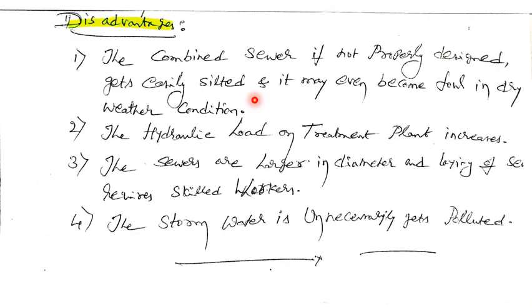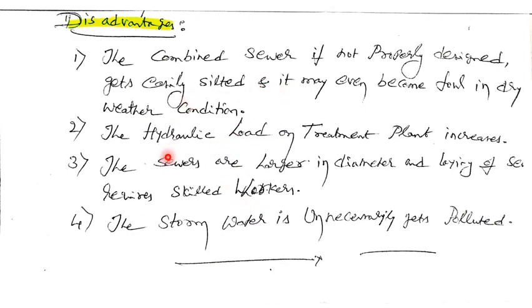See, these are the disadvantages. If silted, that is, the solids are deposited, if it is not flowing properly, then it will create a lot of problems. That is in a dry weather condition. Remember it, because the dry weather flow is purely sewage. There is no storm, there is no rainwater during a summer season.